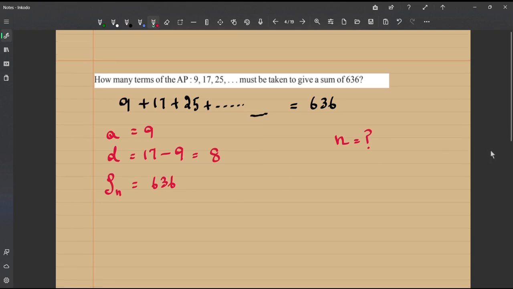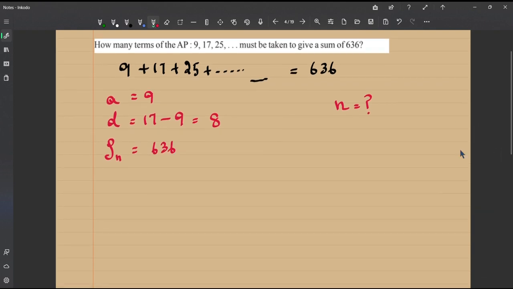Now in our earlier video, we derived that the sum of n terms of any arithmetic progression is given by this expression, n by 2 into 2a plus n minus 1 into d, where a is of course the first term of that progression and d is the common difference.